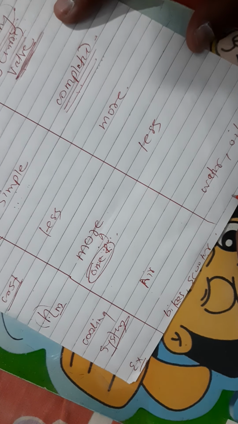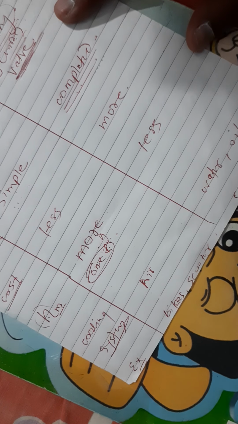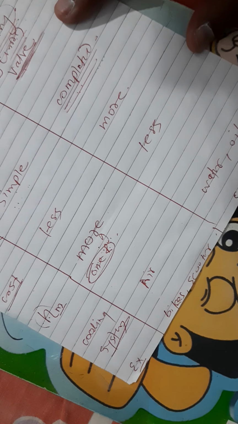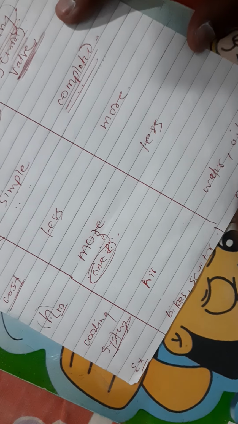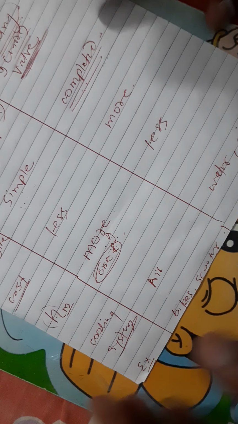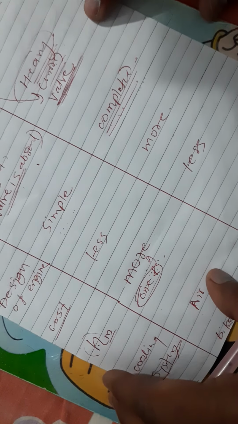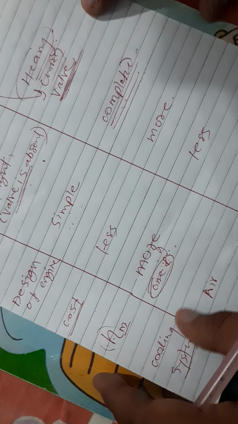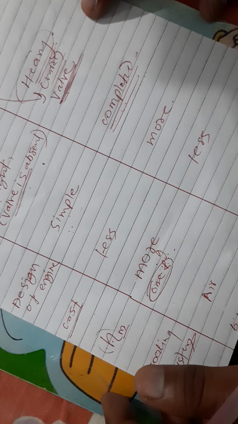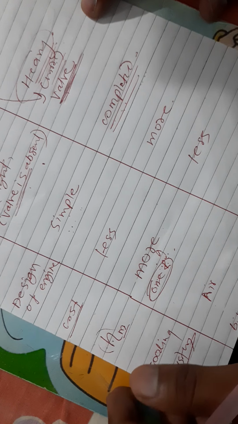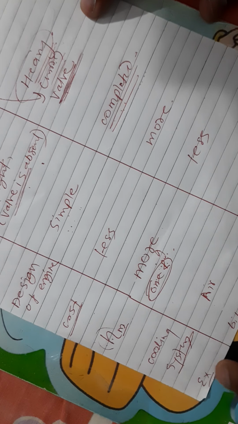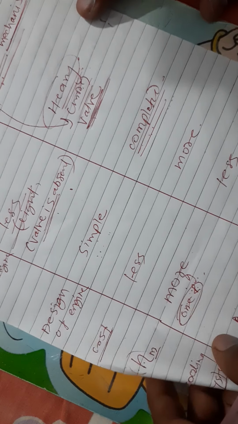The four-stroke engine we find in cars, buses, trucks, etc. So we have a lot of vehicles which are built with two-stroke engines and four-stroke engines. The best example of a two-stroke engine is a bike, and the best example of a four-stroke engine is a bus.